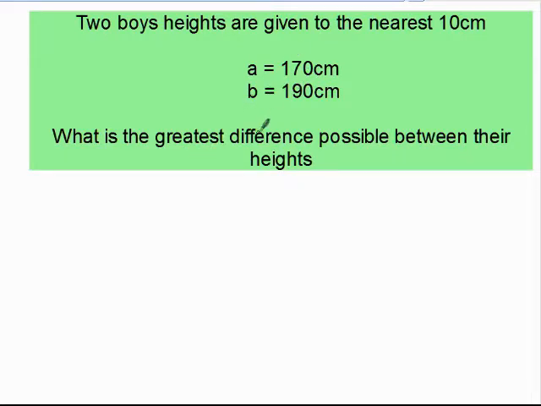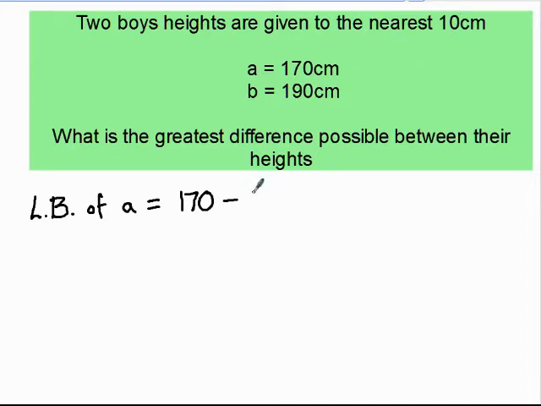So in this context, we want to find the biggest difference in heights. Let's start off by finding the lower bound of boy A. Well, we've rounded to the nearest 10 centimetres, so for the lower boundary we take our value and we're going to take away a half of what it's been rounded to.